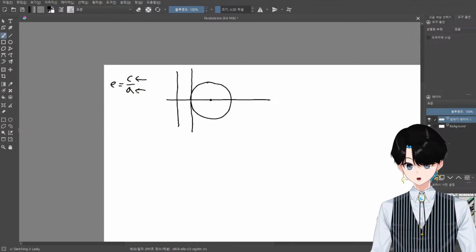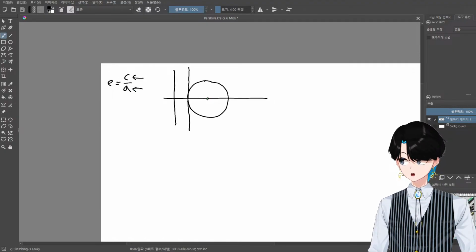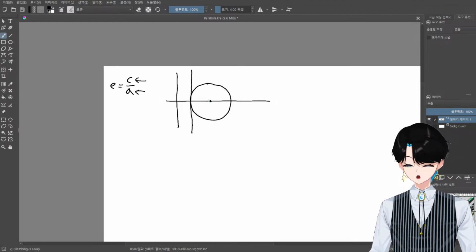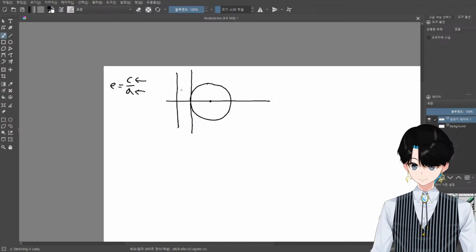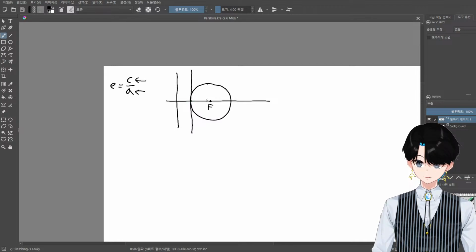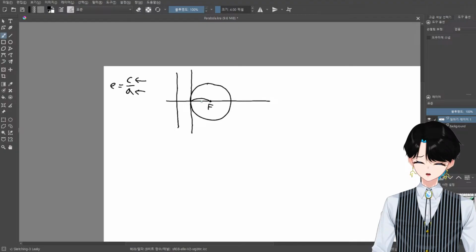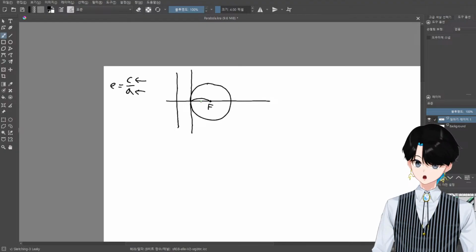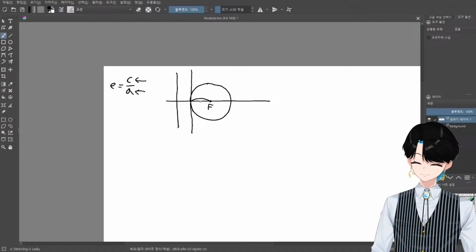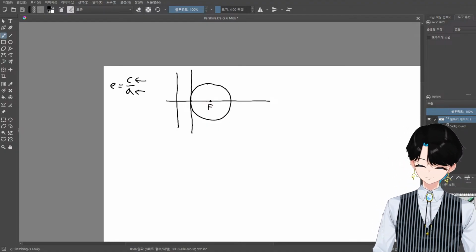This one, linear eccentricity, over the semi-major axis. And according to the definition we have seen last time, the linear eccentricity is the length of the focal point. Should be this one. No. Yeah, I'm getting confused again.